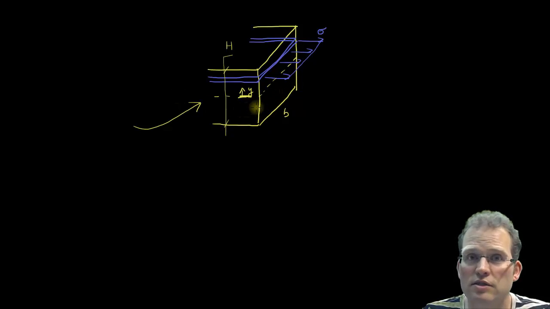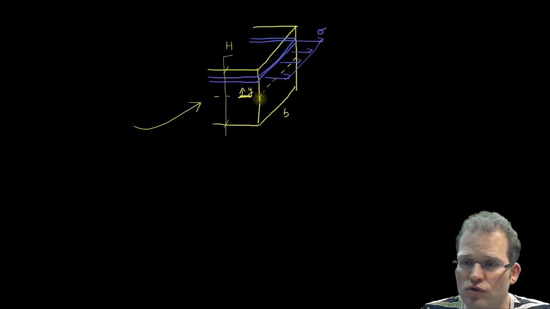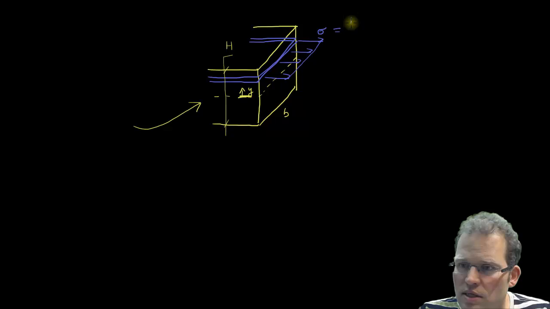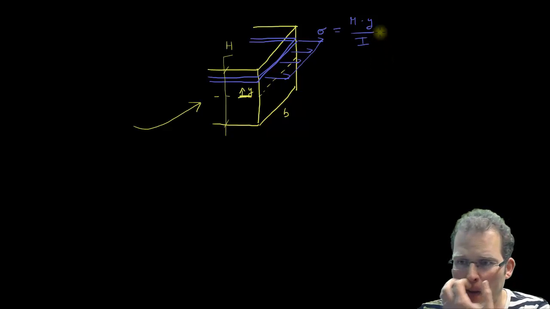The neutral plane lies exactly in the middle where the stresses are 0. So y is going upwards from 0 to half H. And we know that the stress is M times y divided by the moment of inertia.